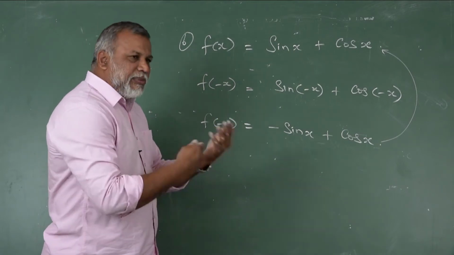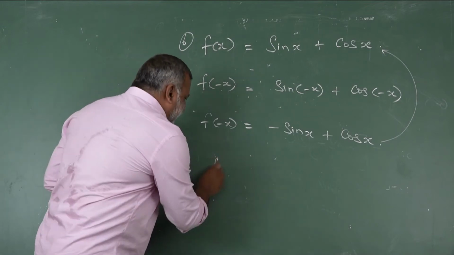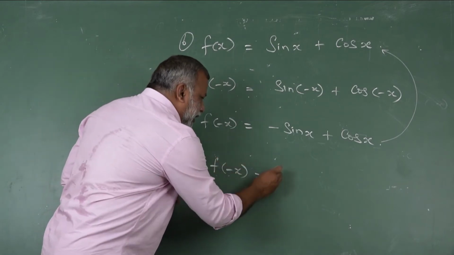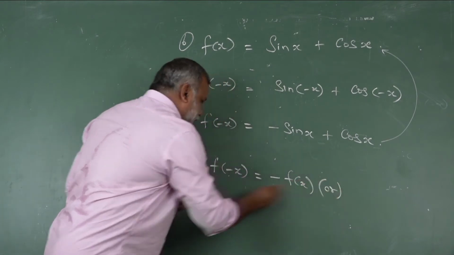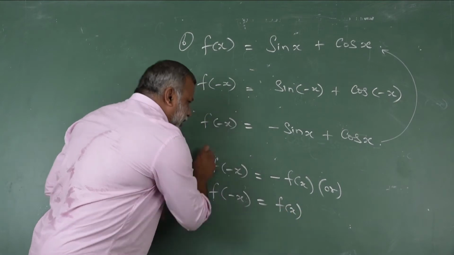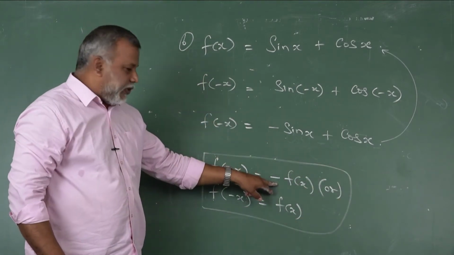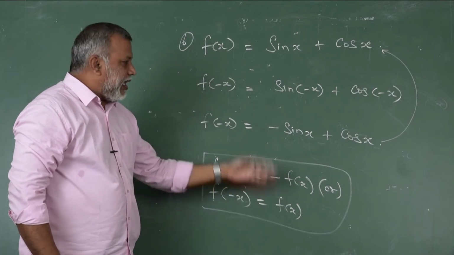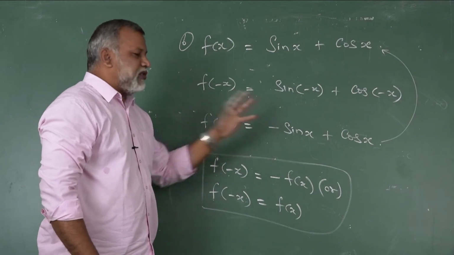Therefore, this cannot be written in any one of the forms. What are the forms? F of minus x equal to minus f of x, or f of minus x equal to f of x. These are the two formations. Here we cannot take out a negative common or a positive common.